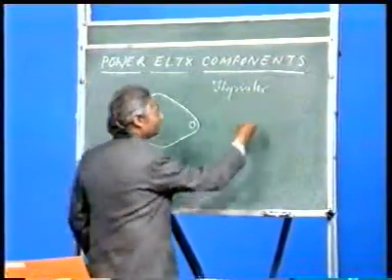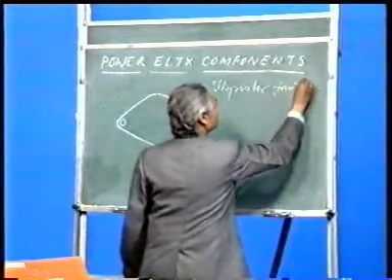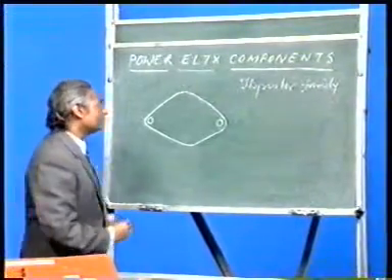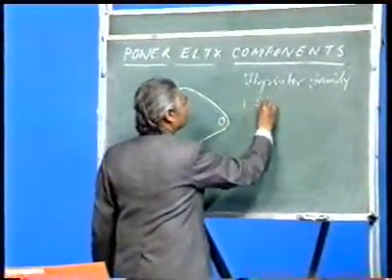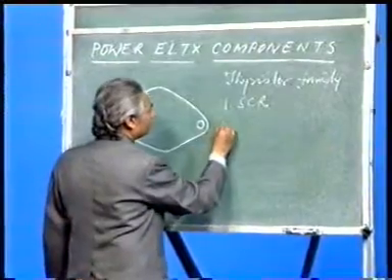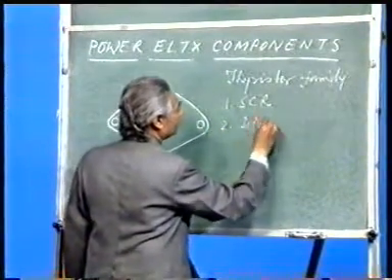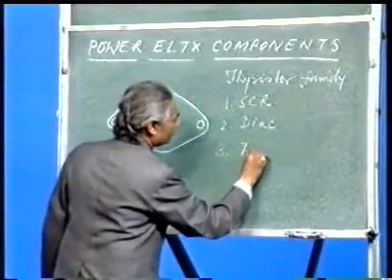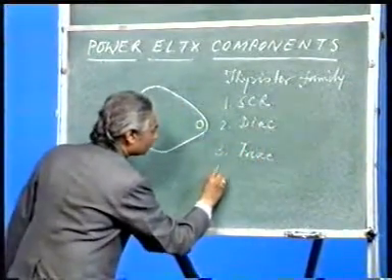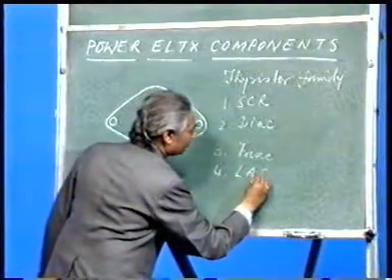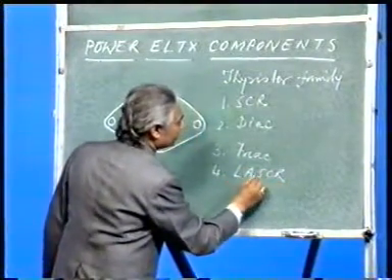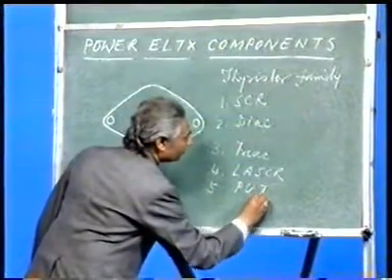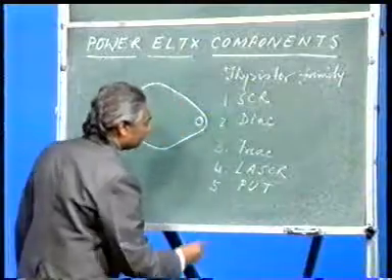Since it is a thyristor family, it is obvious that there are many members in this family. Some of them are the silicon control rectifier, the Diac, the Triac, the LASCR, known as light activated silicon control rectifier, PUT, programmable unijunction transistor, and so on.